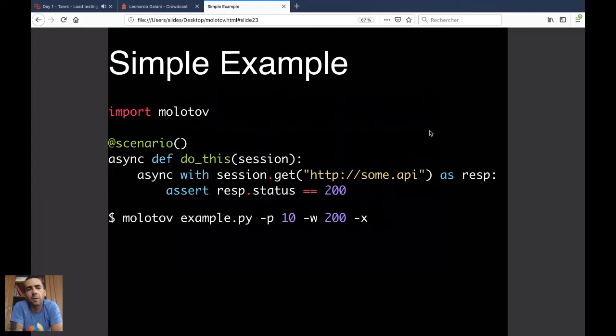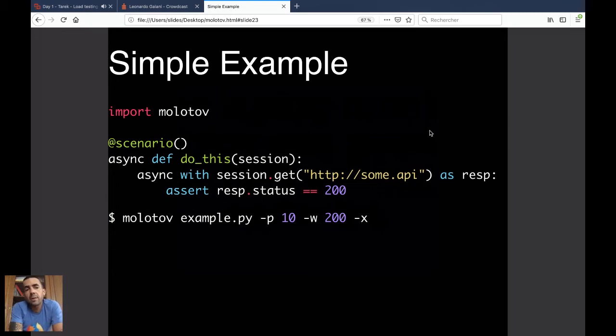So this is a very simple example of how you can write a Molotov test. You have to import the Molotov module, and then we have a decorator called scenario that you can use against a coroutine.